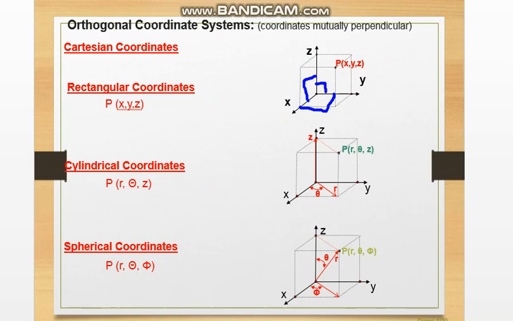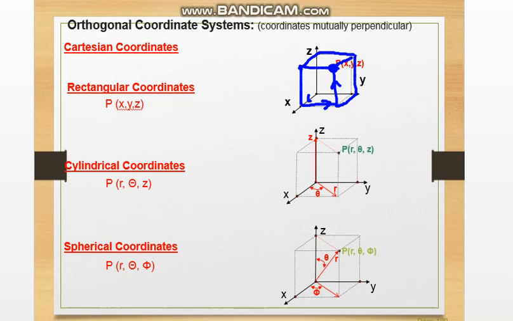As you can see here, that is a rectangle. If we want to get the point P here, that will be x, y, and z. You have to go through x from here, then y from here, and z from here to get to the point x, y, z.